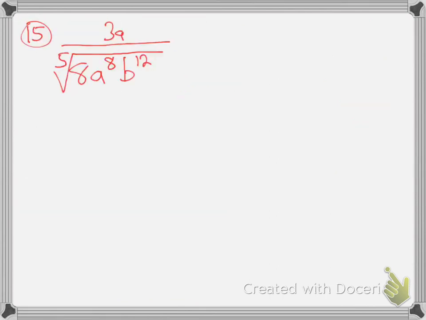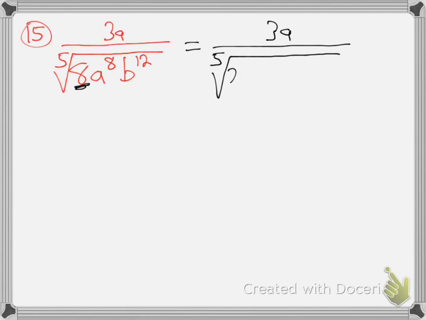Okay, so the first thing to do here on number 15 is to break down the inside and ship out anything we can. 8, that's 2 times 2 times 2. A to the 8th, that's 8 A's. And B to the 12th, that's 12 B's.